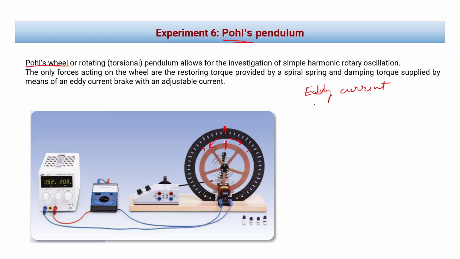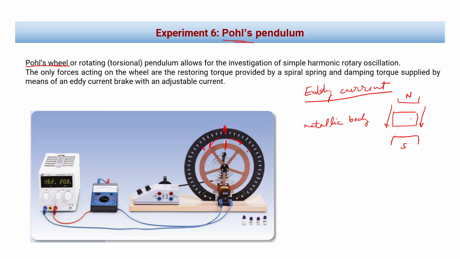If you recall, when a metallic body is kept in a magnetic field, say this is a metallic body and this is the field, and we change this magnetic field, either by making it alternating or by making the body move in this field, then the magnetic flux related to the body will change. If there is a change in magnetic flux, we know that leads to EMF being generated.